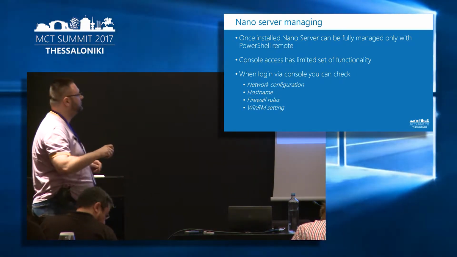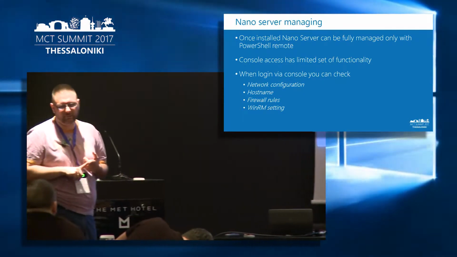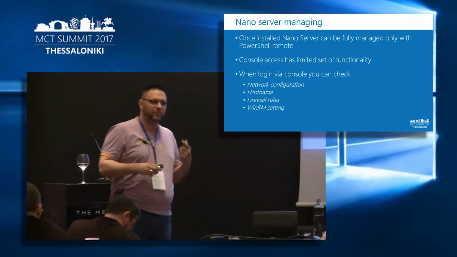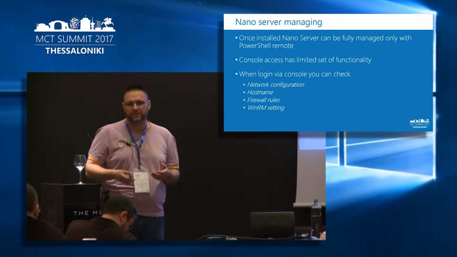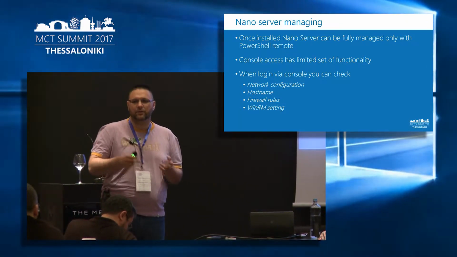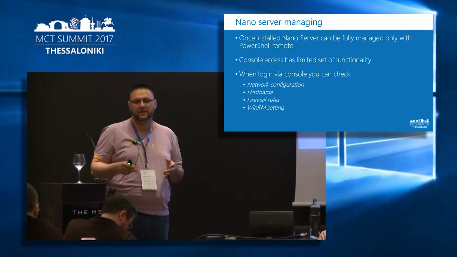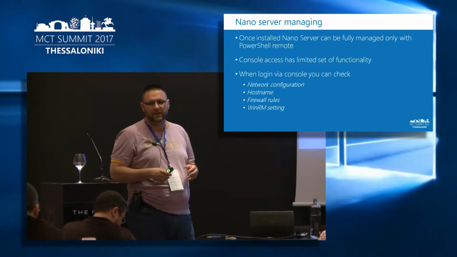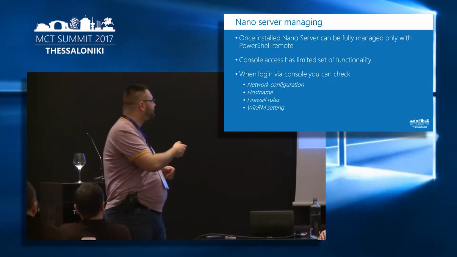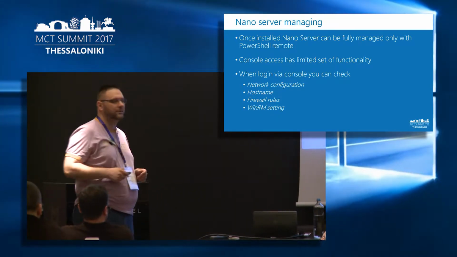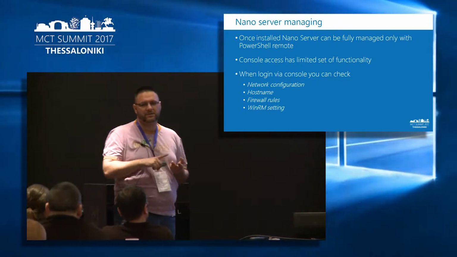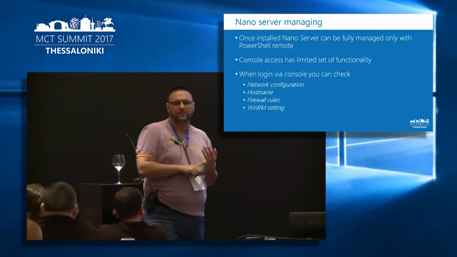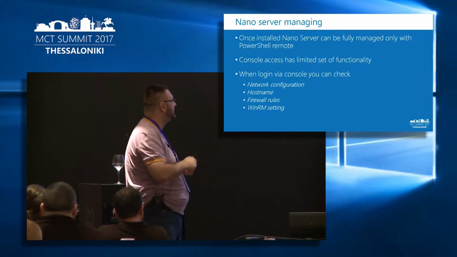Okay, as we said, the console has very limited functionality. Everything you can configure is enabling or disabling firewall rules, which are predefined. All additional firewall rules need to be configured via PowerShell. When you log into the console, you need to check network configuration, host name, firewall rules, and Windows Remote Management settings.